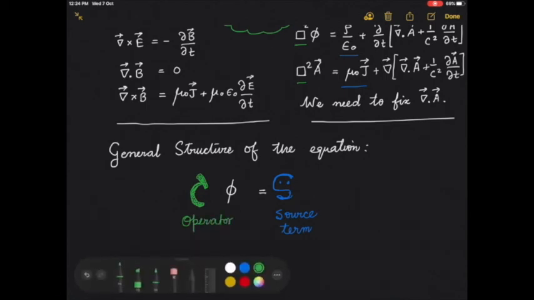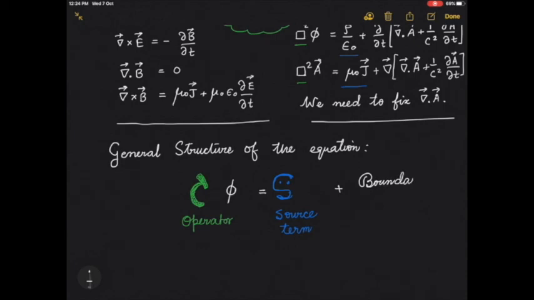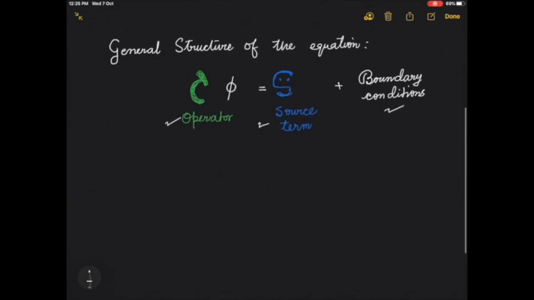These are partial differential equations, and with these I also need the boundary conditions. So if somebody tells me what the operators are, what the source terms are, and what the boundary conditions are, I should be able to figure out what phi is. So let us list those.